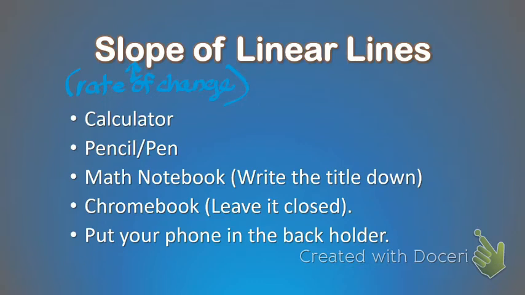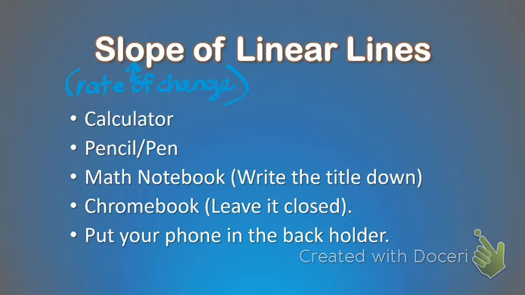Okay. Slope is more when we're just looking at how steep a line is. Rate of change, if you're doing that, we use that when we're relating it to a context. So for example, like you make $10 per hour. You're comparing how much money per hour. That's a context.